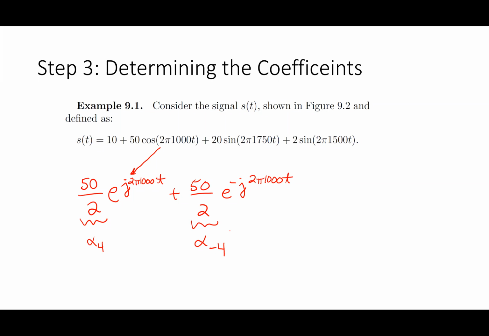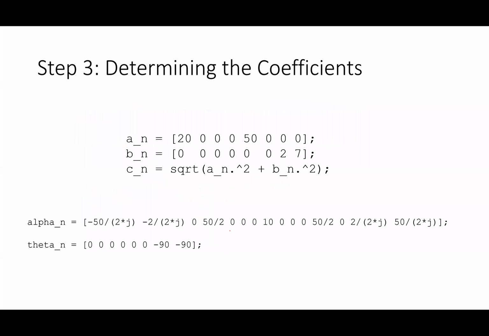Now I may have to post the video to kind of guide you guys through this a little bit more, but notice my alpha vector is huge. You can see why my alpha vector's got to be huge, because it's going to have twice as many points as the A vectors and the B vectors, because it has negative frequencies. So if you notice what I've done here, there's my 50/2 and 50/2. It appears twice. The guy in the middle is n equal to 0.